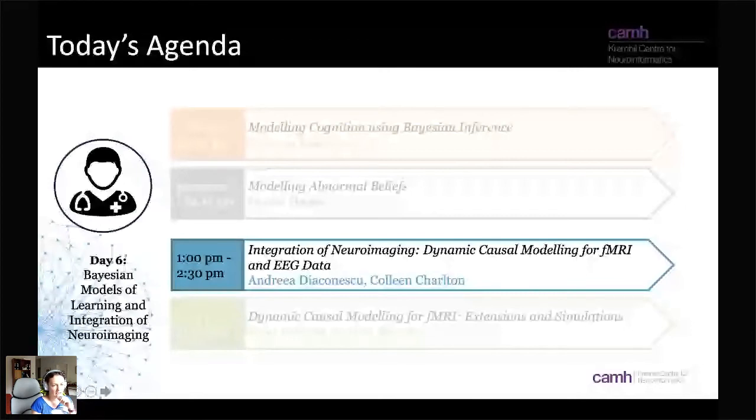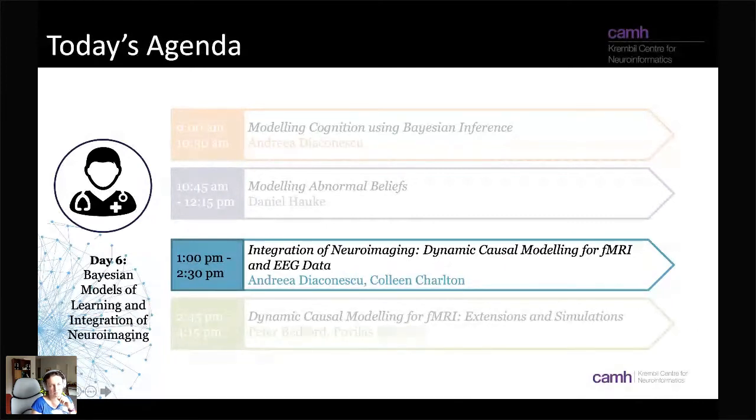And then Colleen Charlton will present some applications of these types of models. And then in the last lecture of the afternoon, you're going to hear about extensions of DCM for fMRI for connectomics research, and also how DCM for fMRI can be used to simulate fMRI data.